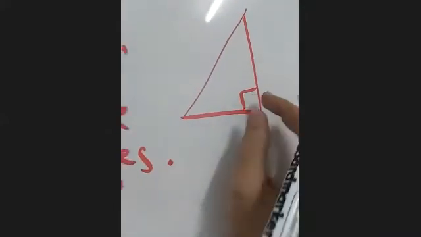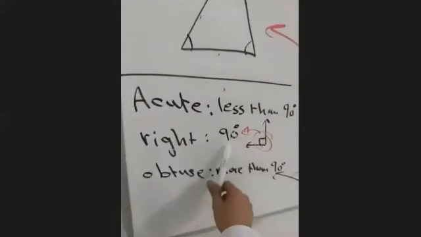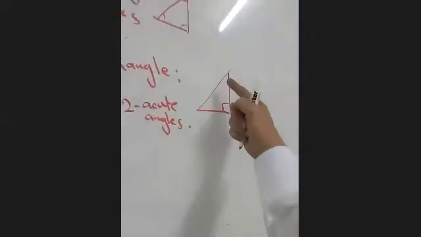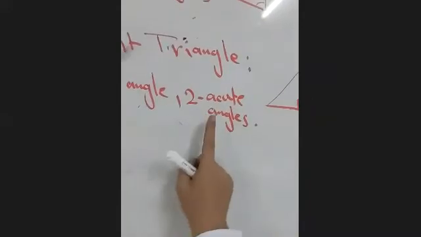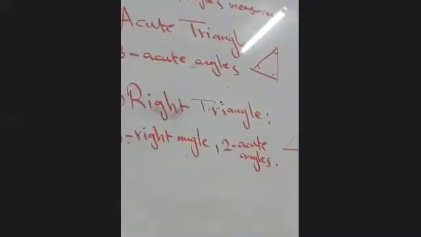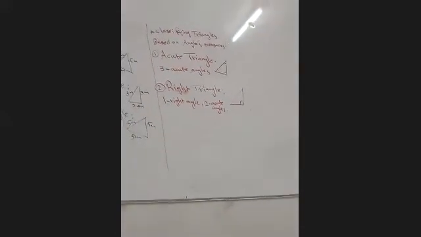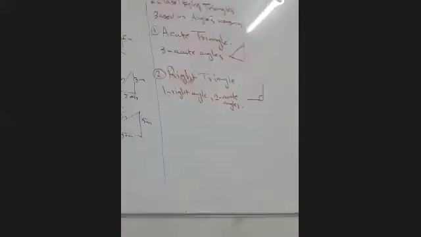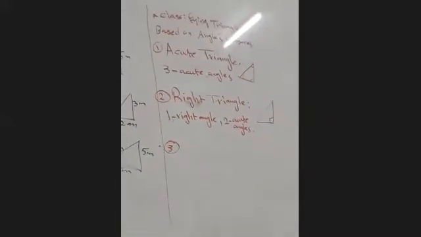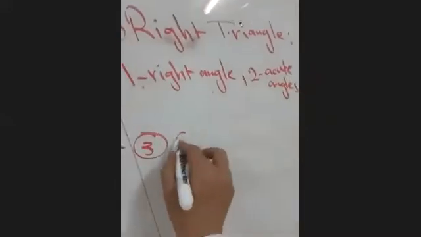This small square means the angle here is how much? 90 degrees. So in this case, what do we call this triangle? Right triangle. The other 2 angles are what? Acute. Type 3. Obtuse triangle.